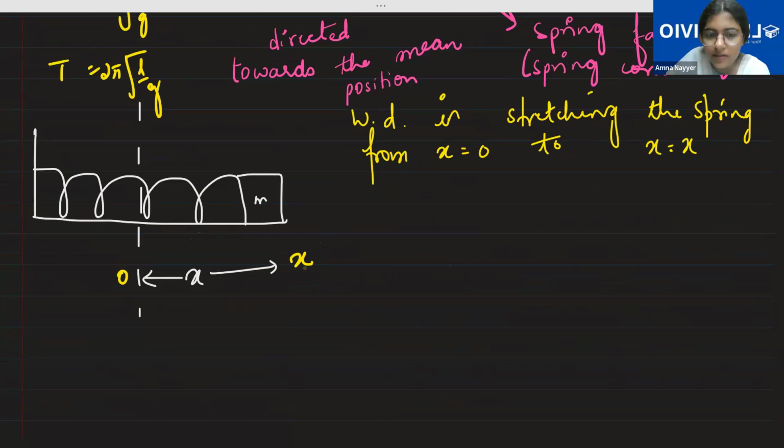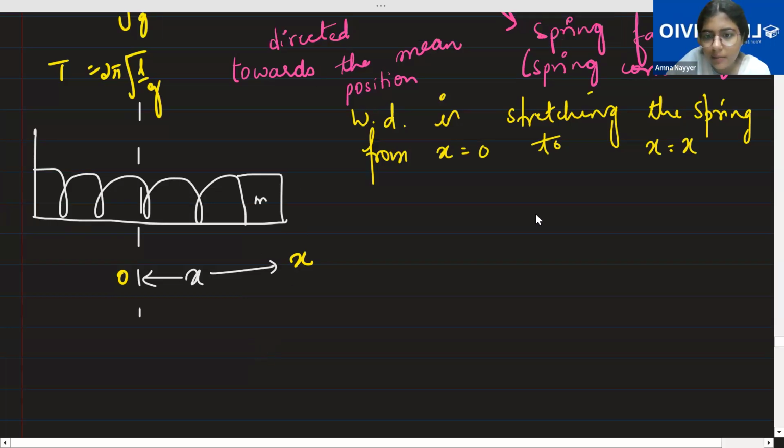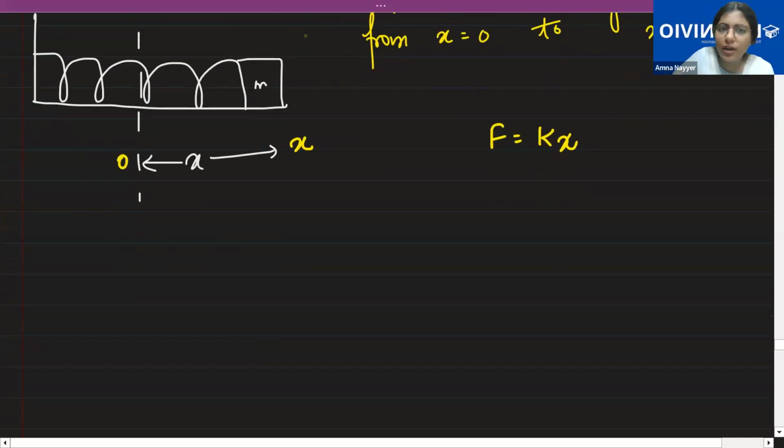Constantly at all the points the work is changing, so the formula we should use for work done will be the variable one. Remember here F is equal to Kx. I'm not taking the minus sign because I'm just taking the magnitude; the minus sign tells that the restoring force is directed towards the mean position.